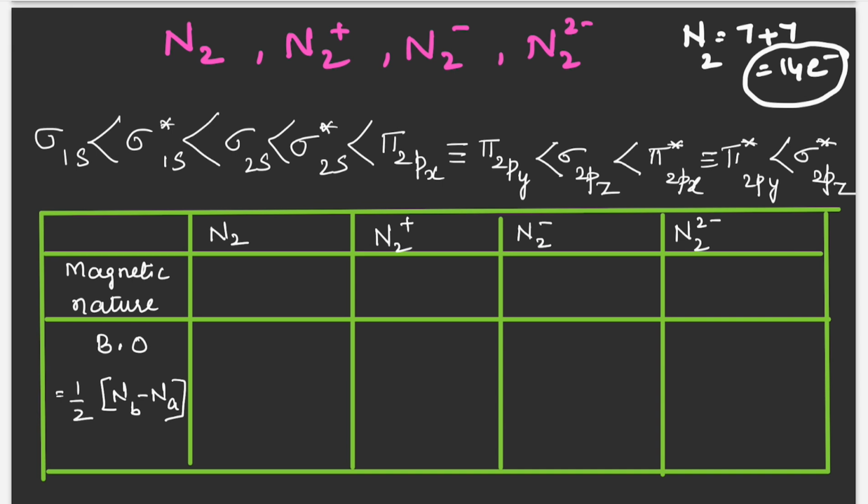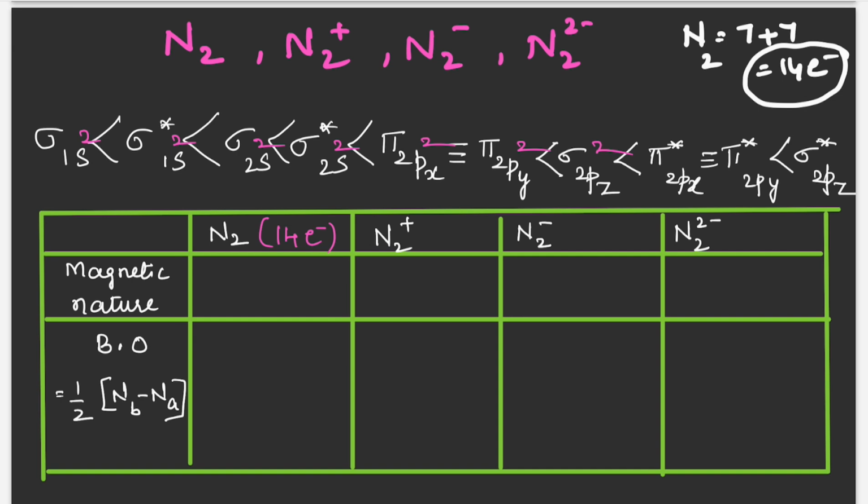First let us take nitrogen, N2. Students, in N2 how many electrons will be present? In N2 totally 14 electrons will be present. So fill 1s2, 2 electrons here and then 2 electrons here. 2 plus 2, 4, 6, 8, 10, 12, 14. So totally we have filled 14 electrons.